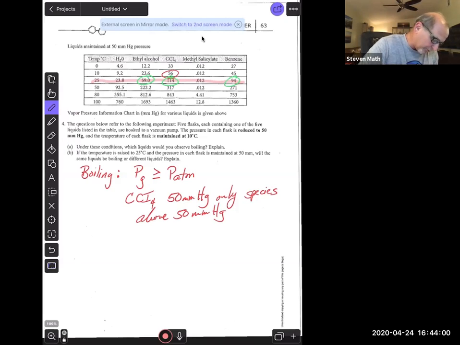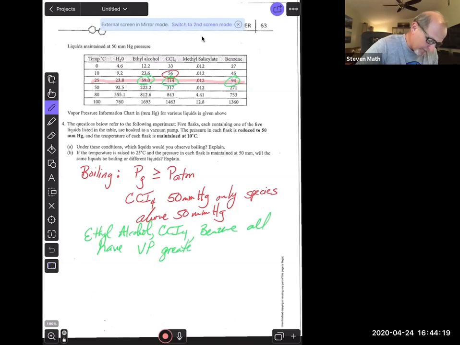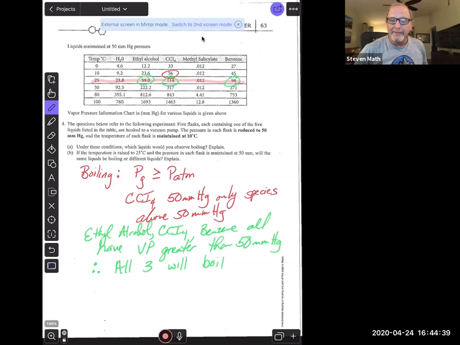And it would be the same sort of answer where we would say ethyl alcohol, CCl4, and benzene all have vapor pressure greater than 50 millimeters of mercury. Therefore, all 3 will boil. Boom. That's all you need.